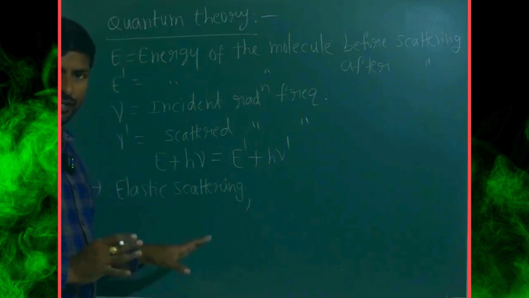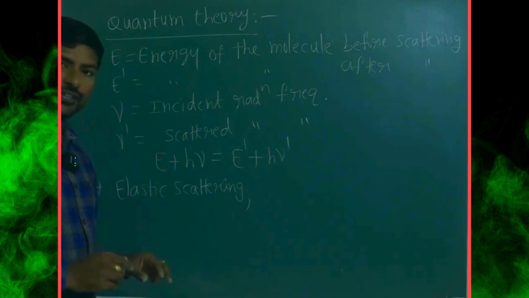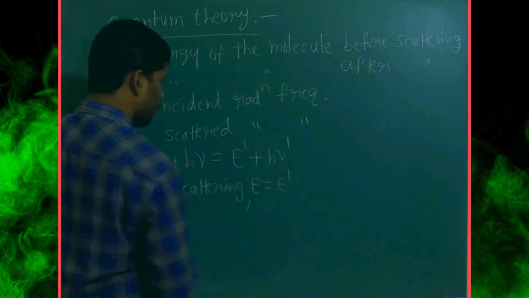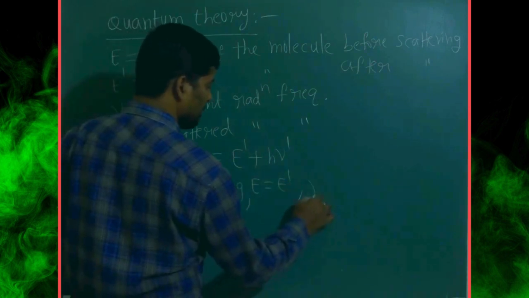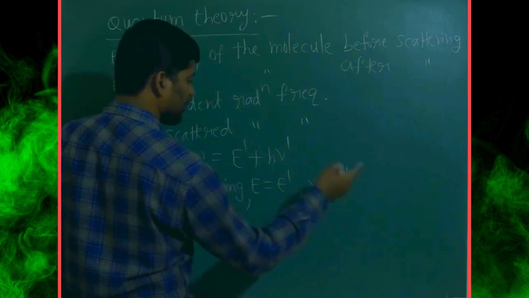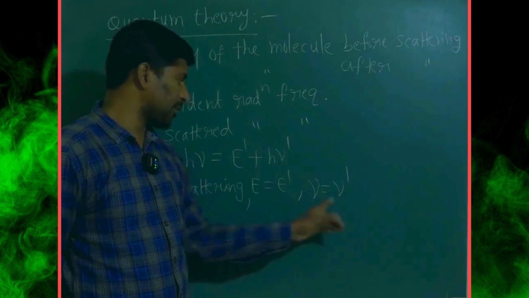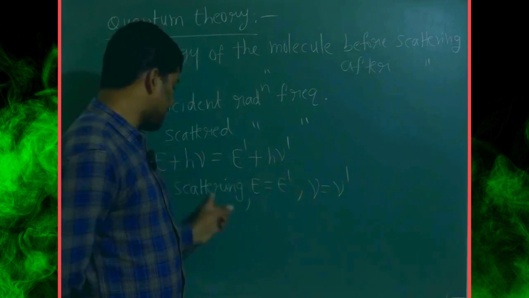No exchange of energy. That means the energy of the molecule before and after collision is the same. That means the incident radiation frequency and the scattered radiation frequency are both the same, since there is no exchange of energy during that collision.